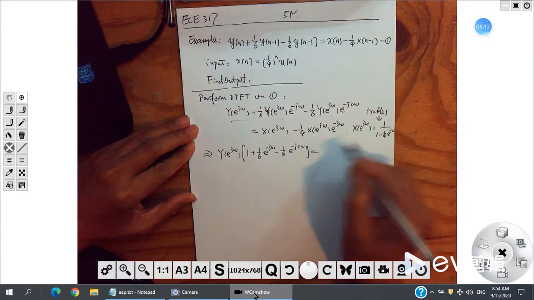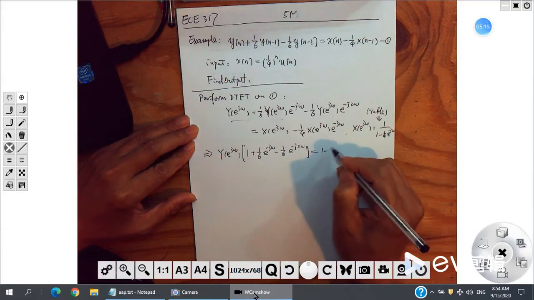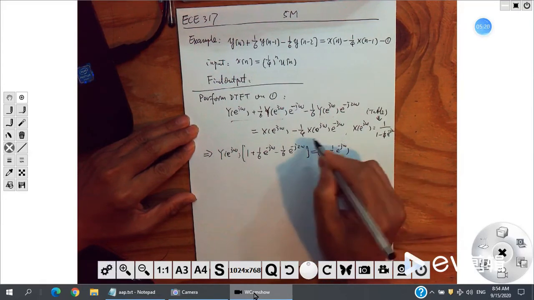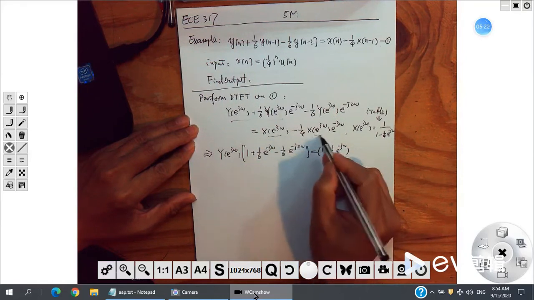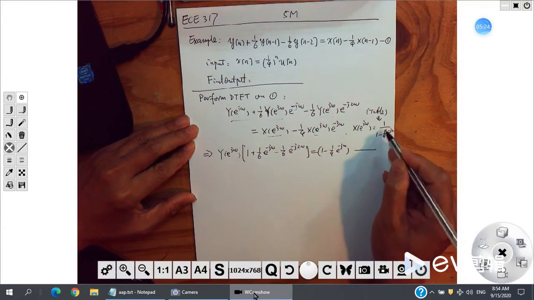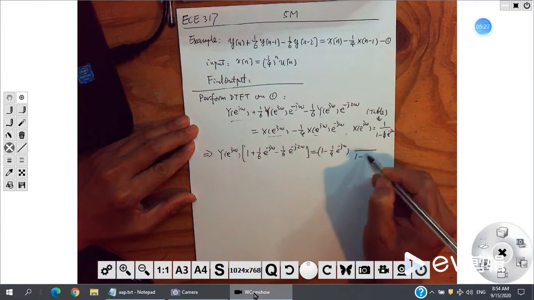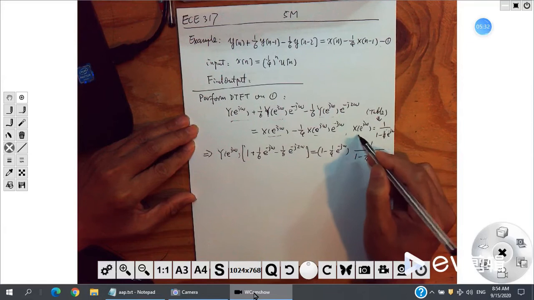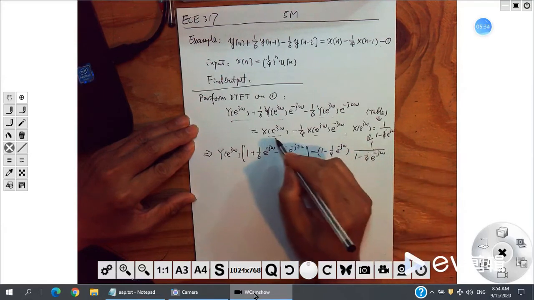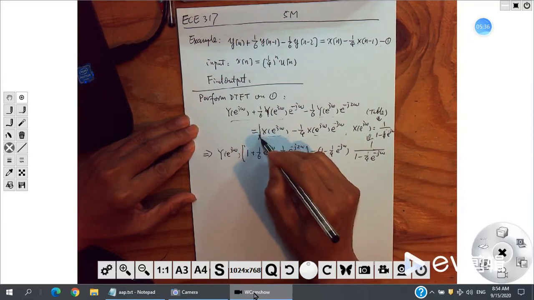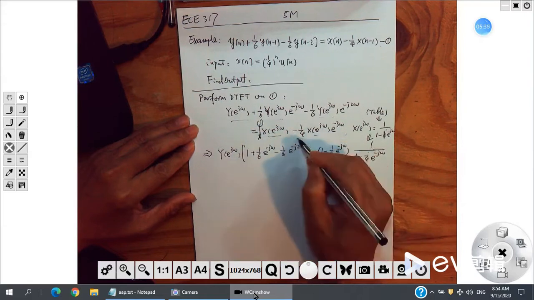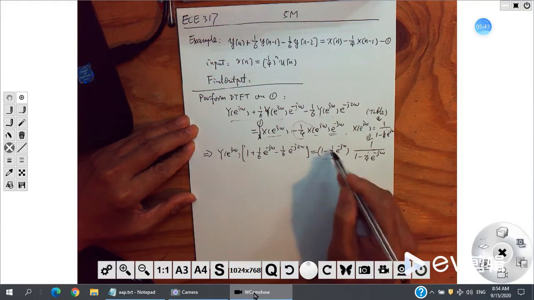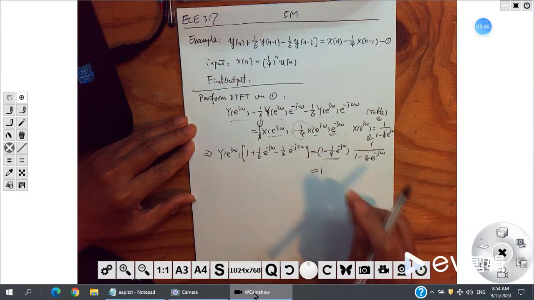This side is 1 minus 1/4 e to the negative j omega times X, right? X is a common factor, I put it in the back. And actually X is 1 over 1 minus 1/4 e to the negative j omega. The coefficient here is 1, and here is negative 1/4, so this gets cancelled. So this is 1.